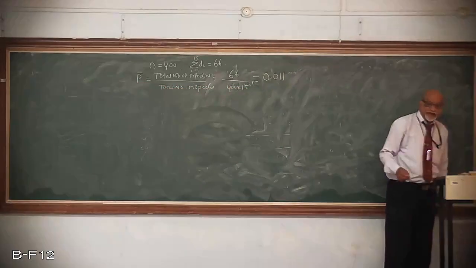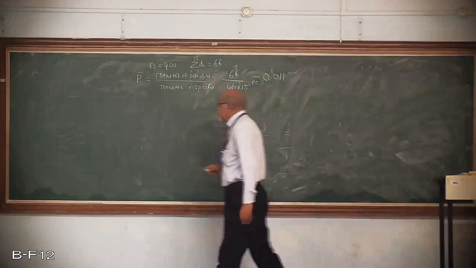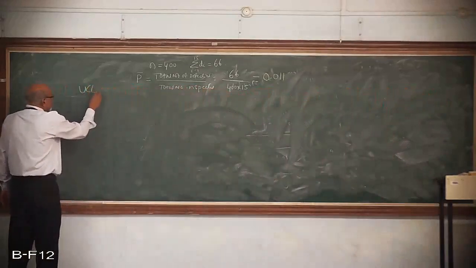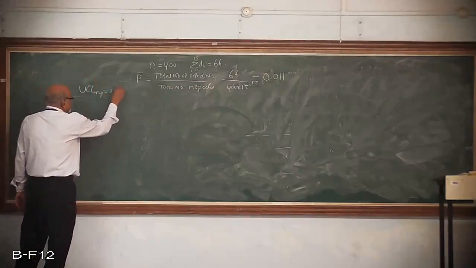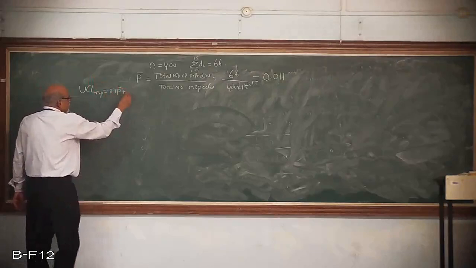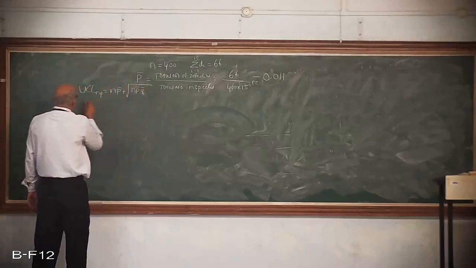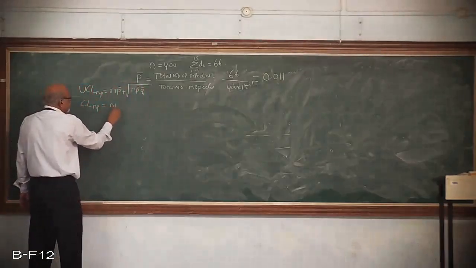If the NP chart is to be used, what are the upper and lower control limits? That I can delineate over here. The upper control limit for the NP chart is NP bar plus the square root of NP bar Q bar. The center line is NP bar.